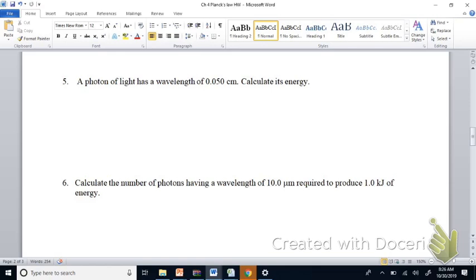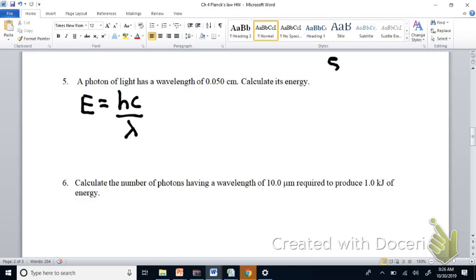So for number 5, we are given wavelength data and we need to calculate energy. So we want to use the relationship E equals hc over lambda. The only caveat here is we're given centimeters and we need to convert that to meters.